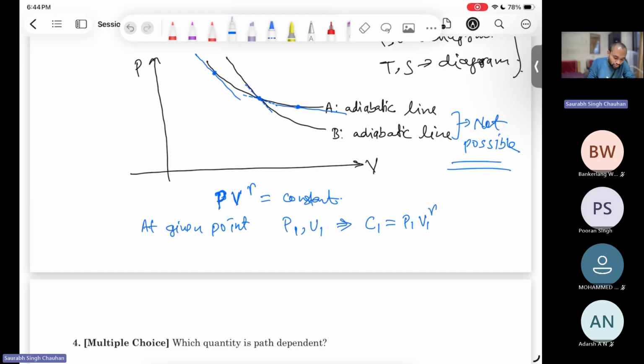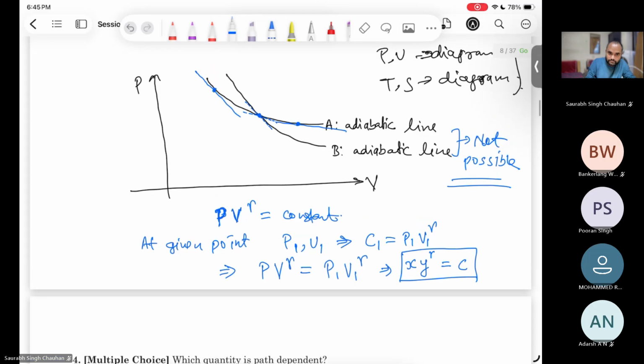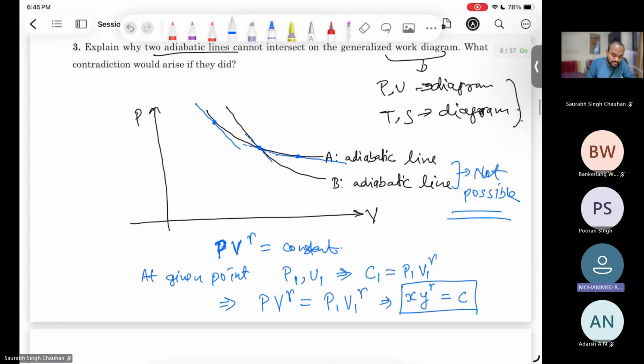So through that point, the equation of the adiabatic line will be PV to the power gamma equal to P1 V1 to the power gamma. It is like X times Y to the power some constant is equal to some other constant. So if you have an equation, you will have a curve.